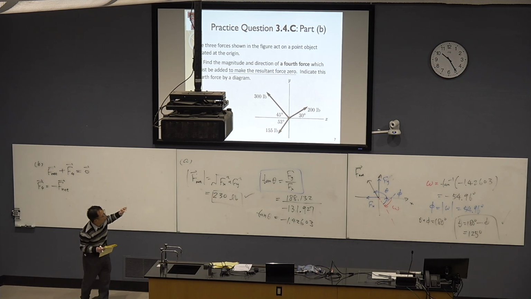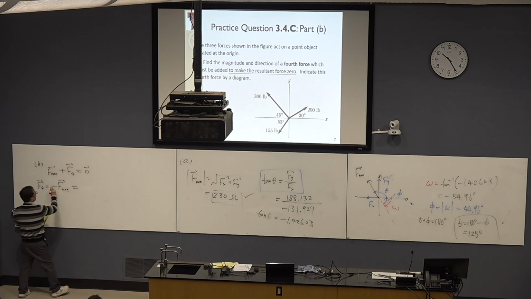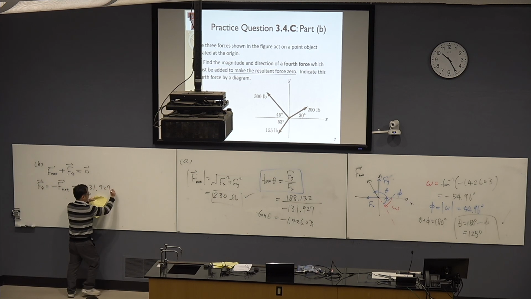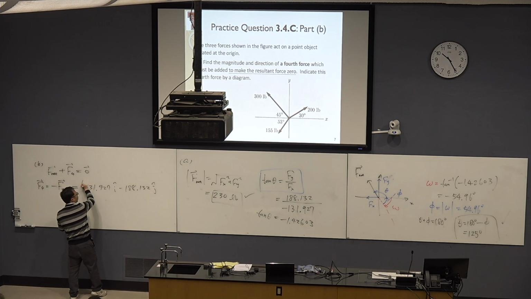Sorry, I have erased the old one, but it's okay, I'll just write this down here. Negative of your F net. Then the two components will become positive 133.927 times i hat minus 188.132 times j hat. So that will be your F4.